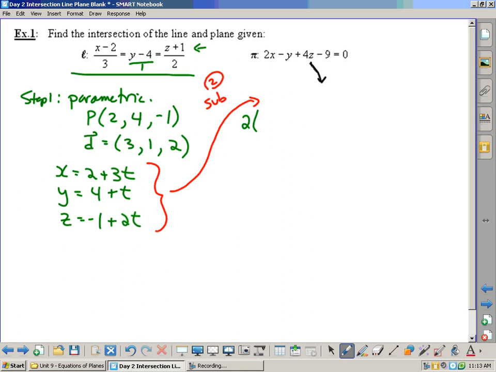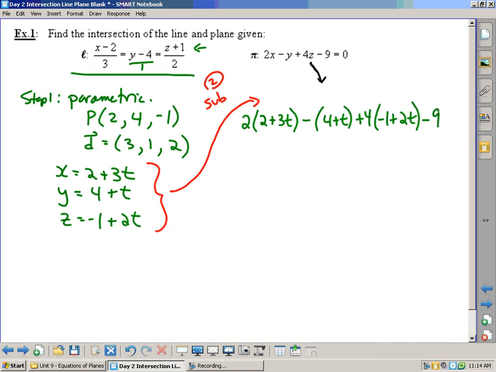So in this case, we'll replace x with 2 + 3t. And then y, we're going to replace with 4 + t. And z, we're going to replace with -1 + 2t. And - 9 = 0.